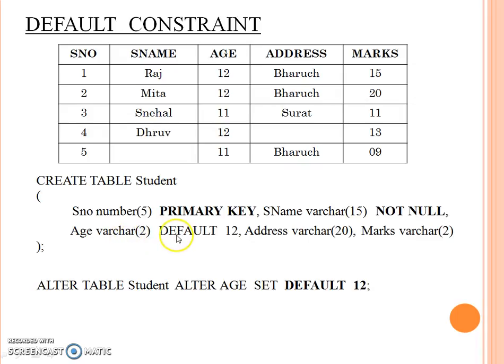If I have to give a default constraint to the column age, I would write default, and the value I want as the default for the age column is 12. So if I miss out writing an age value, it will be automatically embedded with the value 12. And with the alter statement, it would be alter table student, alter my age column and set the default value to 12.